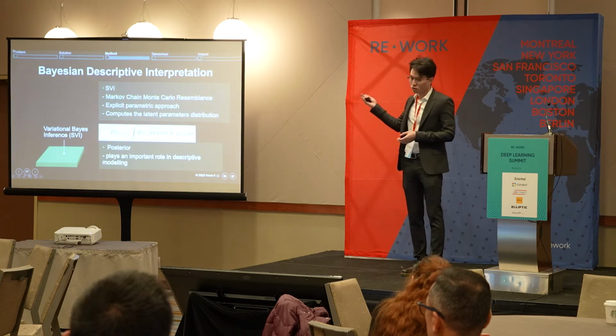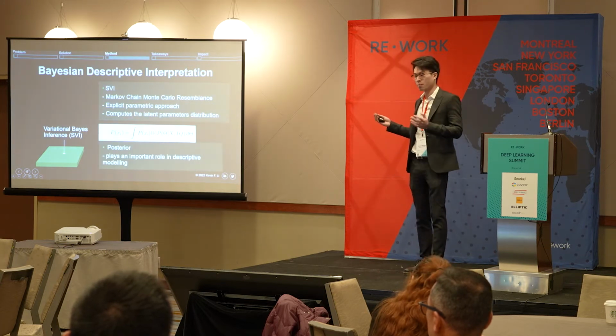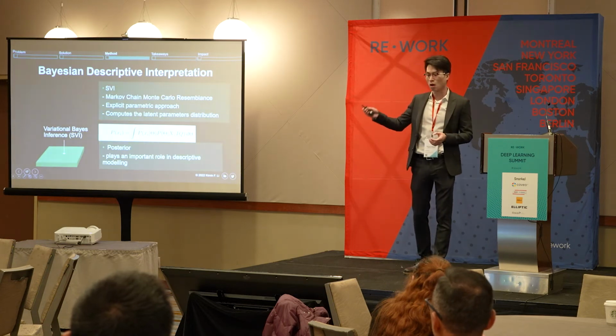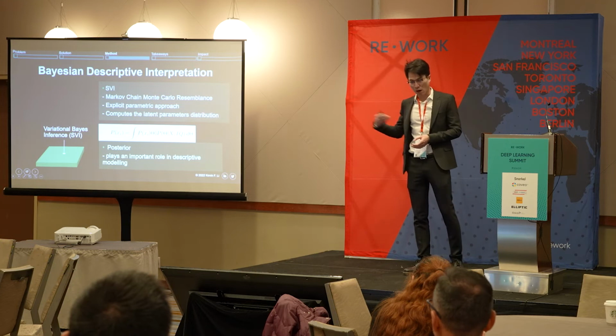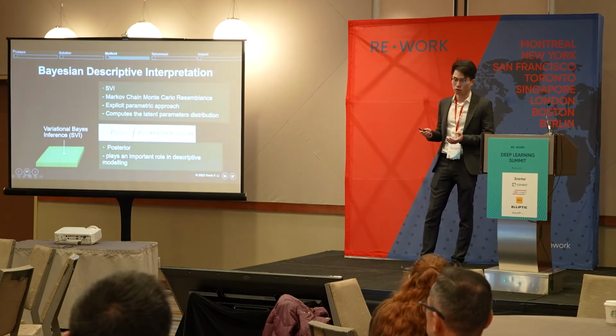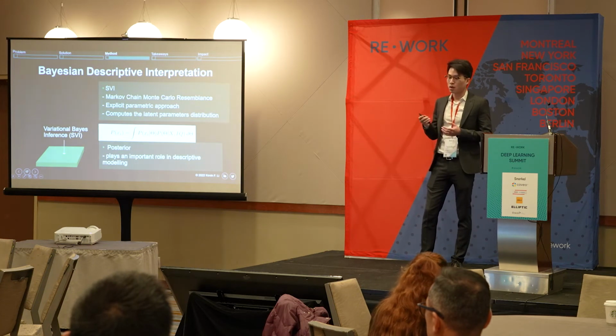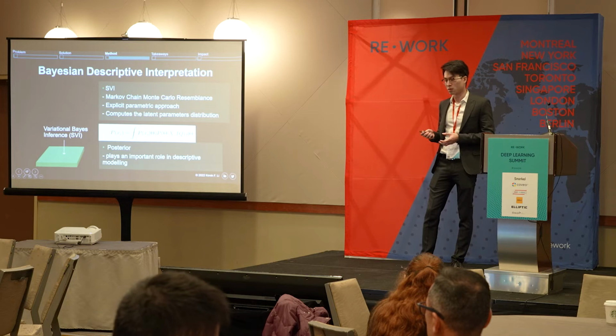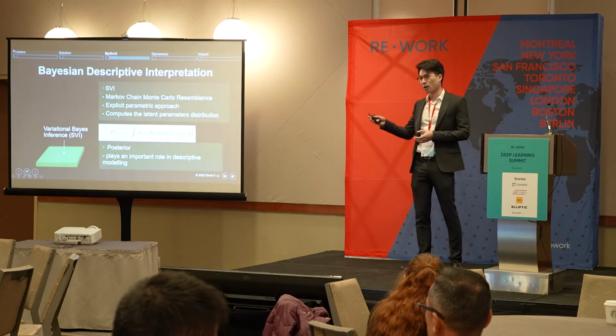In this equation, just for example, let's say you want to model your data distribution, which is the probability of your X. For our case, it's brain features. It can be formulated as an integration of the conditional probability of your data given the parameters, multiplied by the posterior.